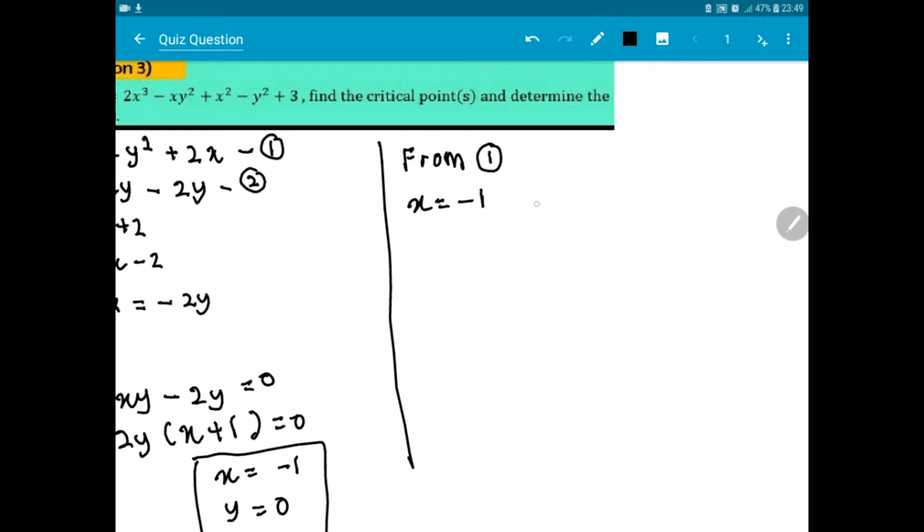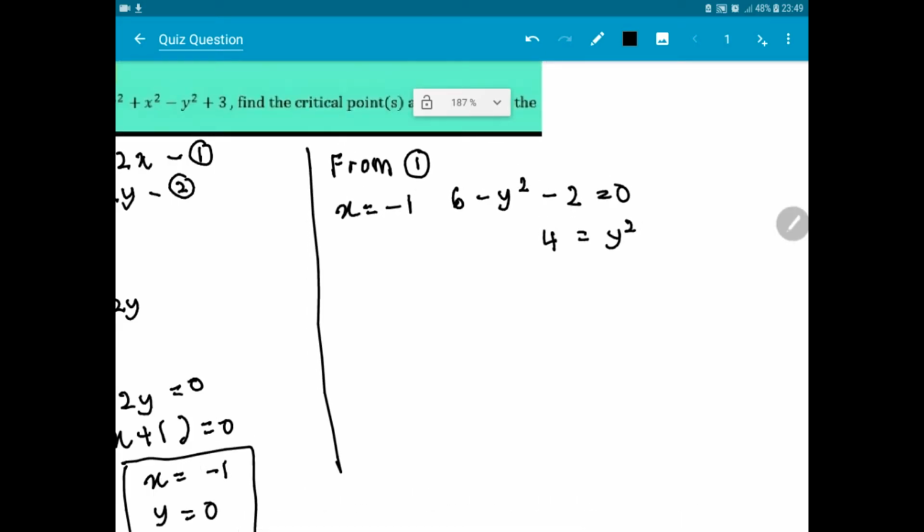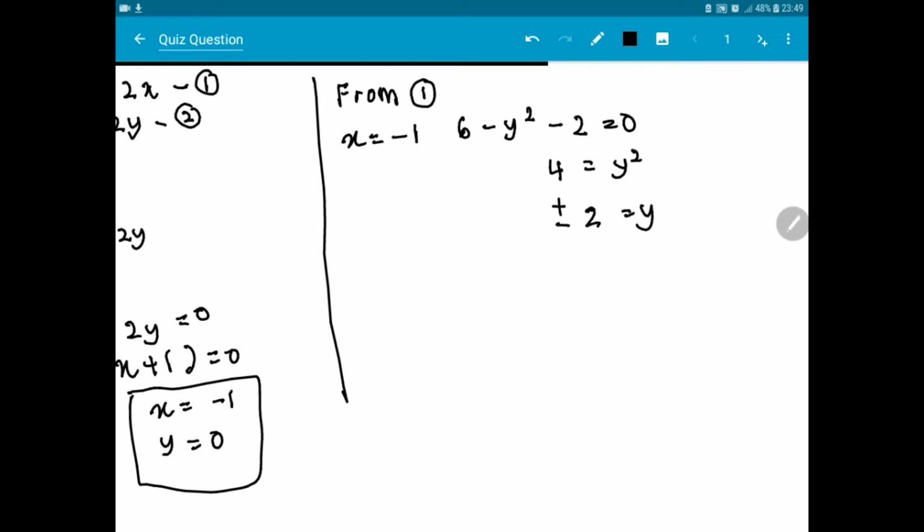When x equals negative 1, we get 6 minus y squared minus 2 equals 0, so 4 equals y squared. When we take the square root of 4, we get y equals plus or minus 2. Okay, we get this value of y.